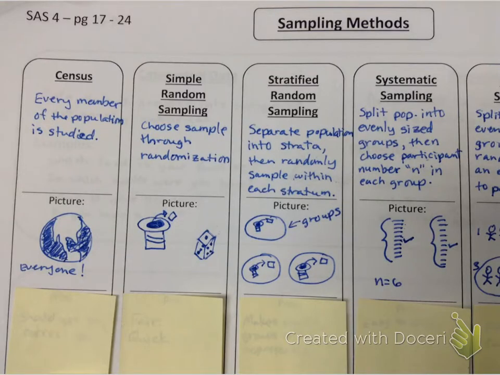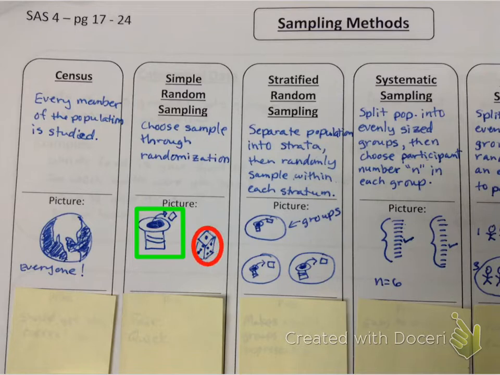The next piece of our review discusses sampling methods. So here are some of the definitions, and I have some little illustrations that go along with them. So the first one is simple random sampling. You choose a sample through randomization, something like, for example, pulling a name out of a hat, like right here, or you could be just rolling some dice.